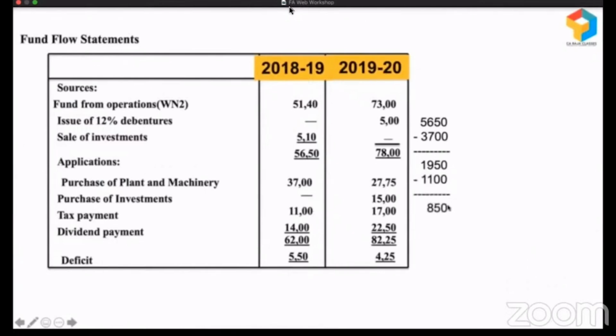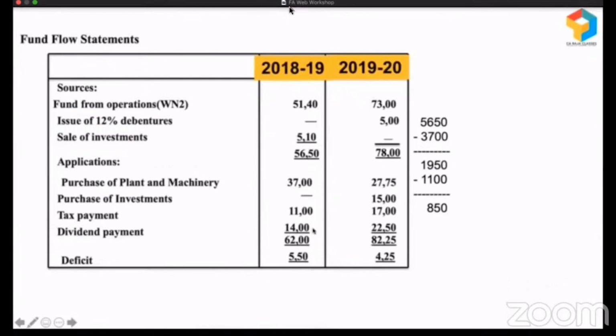When they are left with 850, they made this mistake. When they are left with the long-term fund of 850 only, they went and paid dividend of 1,400. What is the amount they have? 850. But what is the dividend they have paid? It is 1,400.